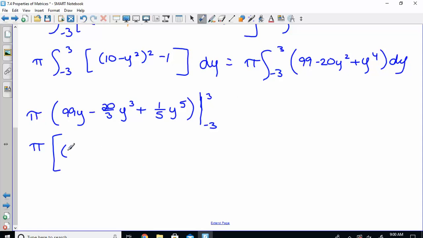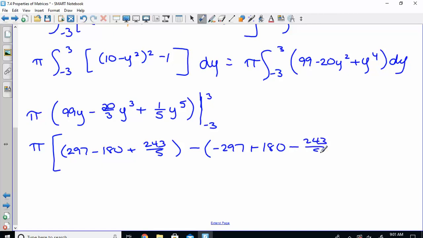So 99 times 3 would be a 297 minus 3 to the 3rd, so one of the 3's would cancel, so you have 9 times 20 is 180. 3 to the 5th, 243 over 5. Minus, if you put in a -3, we get a negative 297, positive 180, negative 243 over 5.